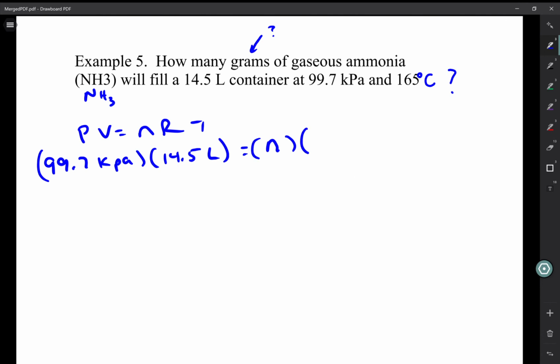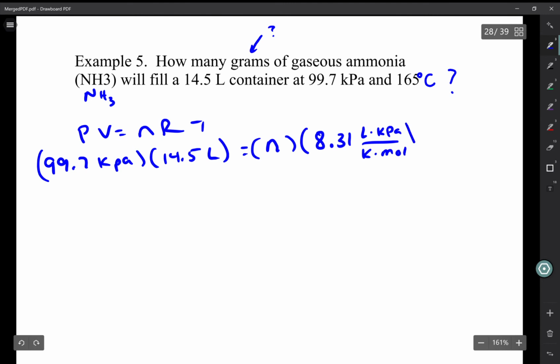All right, so look back in your notes. What's the constant we're going to use? In this case, we have kPa as our pressure, so we're going to use 8.31 liters times kPa over kelvin moles. Different pressure units, so we have to use a different gas constant. Temperature, so 165 plus 273 is 438 kelvin.